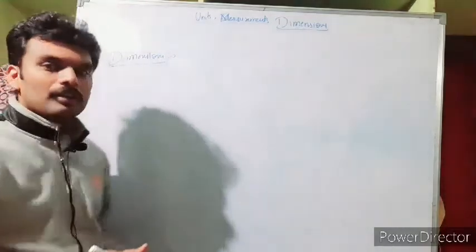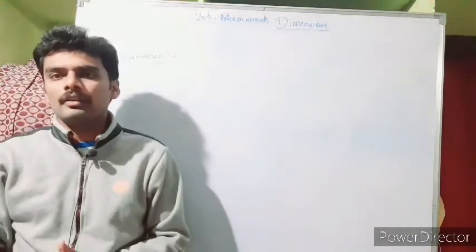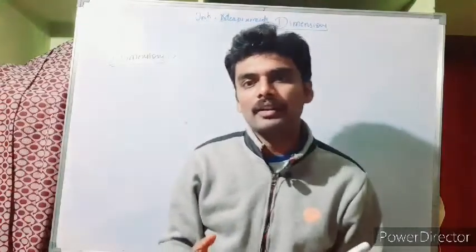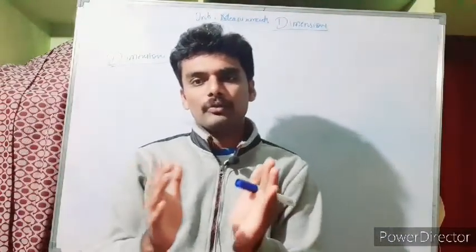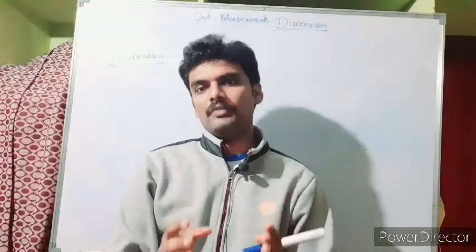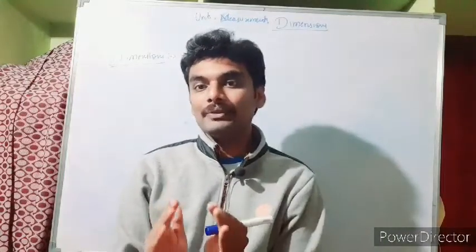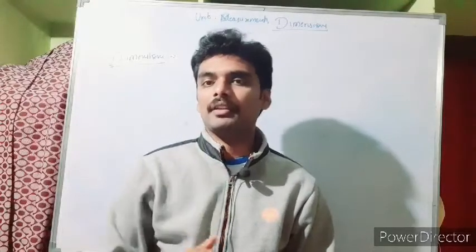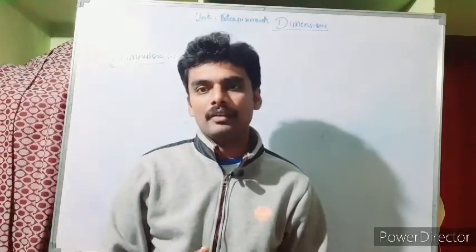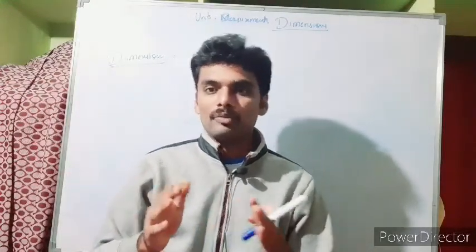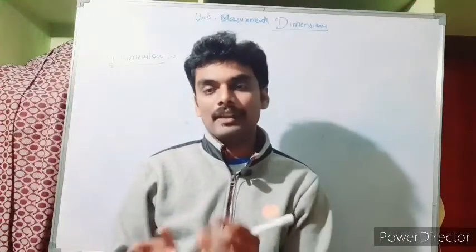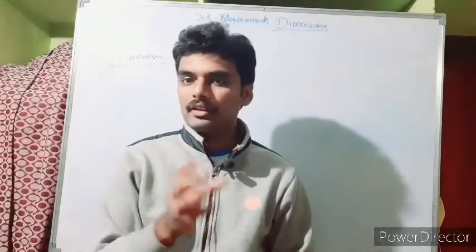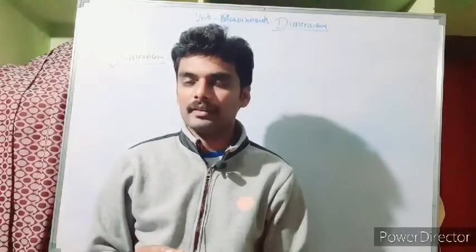See, so far, when I say a certain quantity, that quantity will have its own value, isn't it? If I say mass, 5 or 10, some numerical value will be there. Along with that, a unit will also be associated with it: 10 meter, 20 kilogram, like that, right?